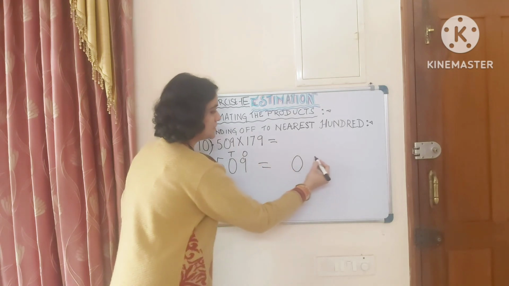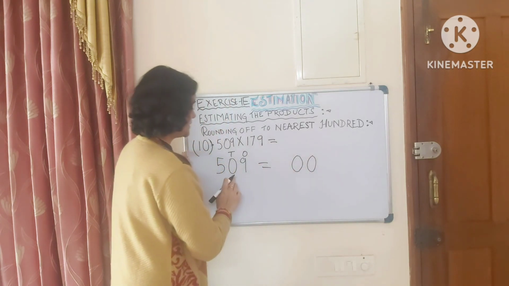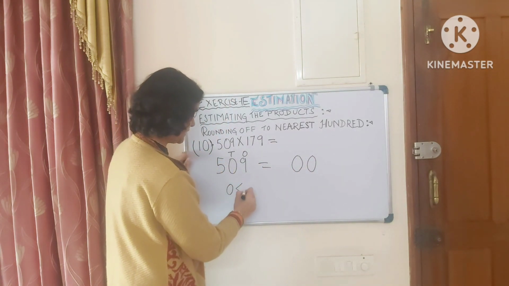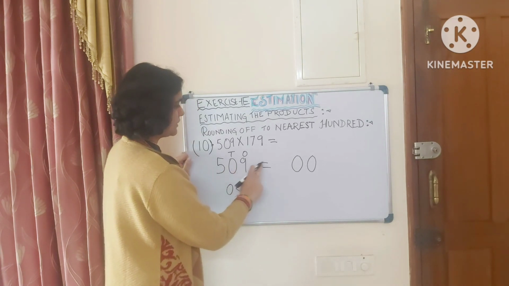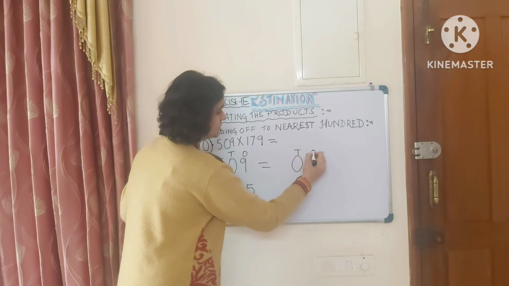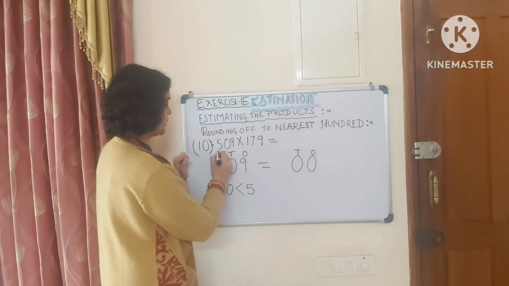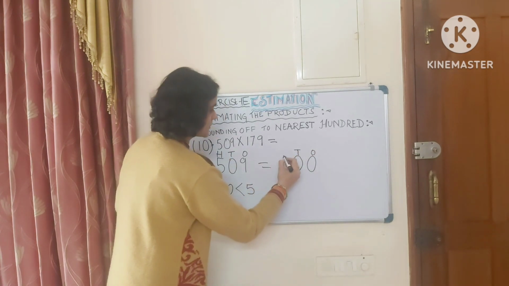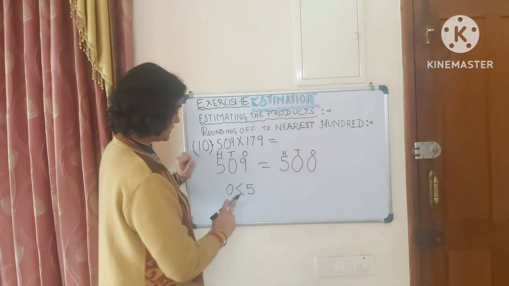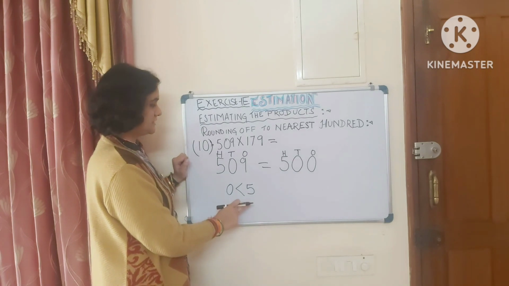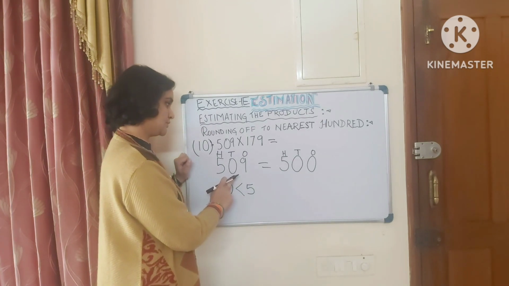Also I'll make this ones place 0 because 0 is less than 5, so 0 less than 5 वाला रूल हमें अप्लाई करना है इधर. So the tens and one place both in my answer will become 0 and hundreds place I will not change. So it will remain 500. Okay. So here the rule for 0 less than 5 has been applied because tens place has 0.